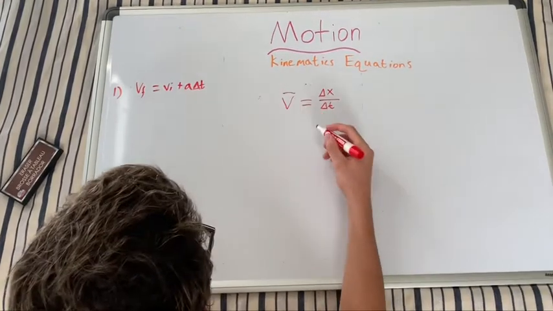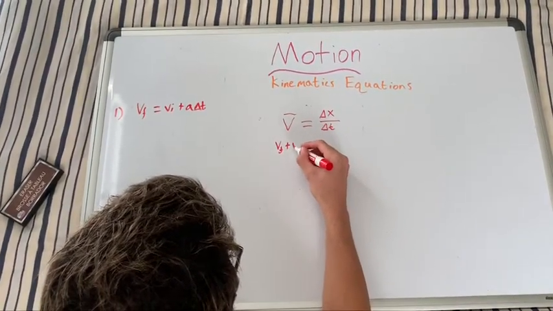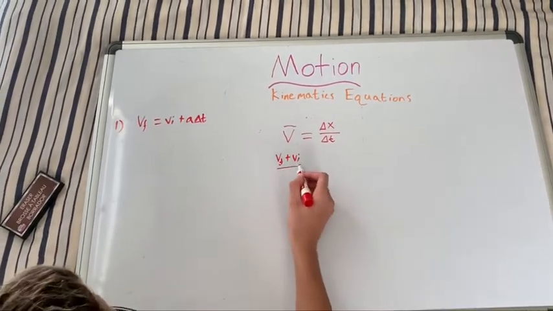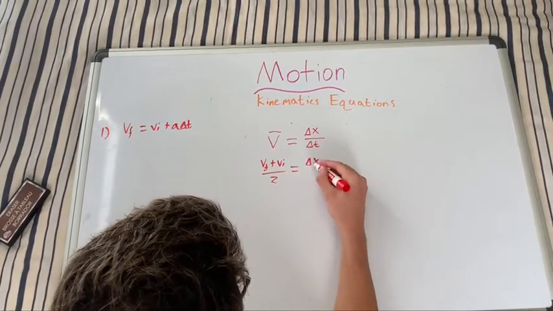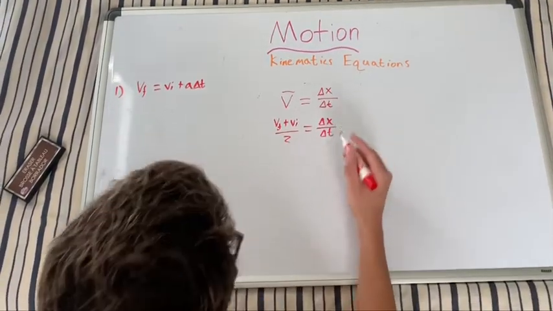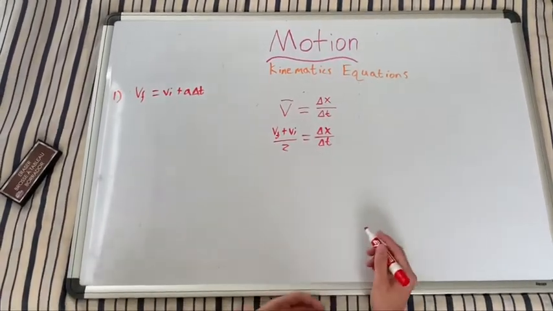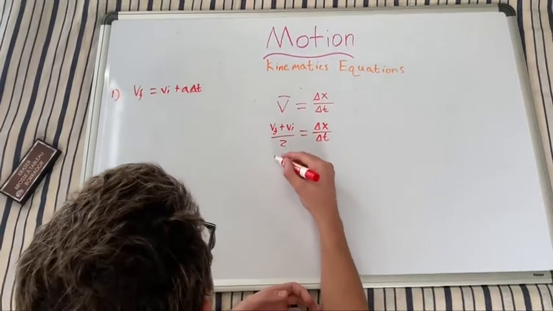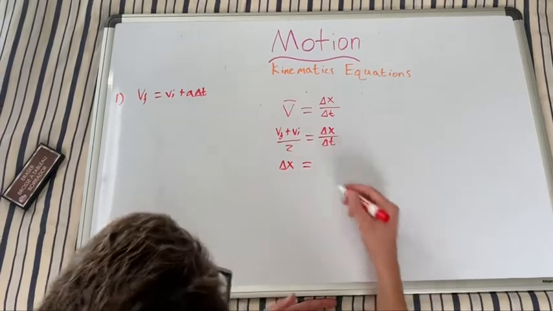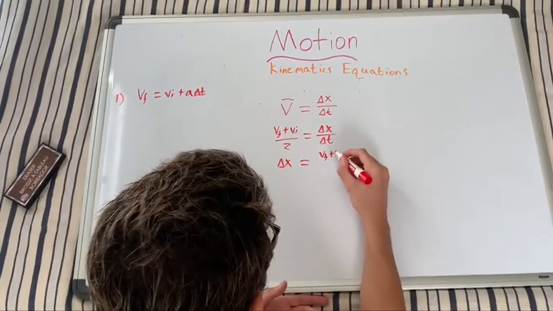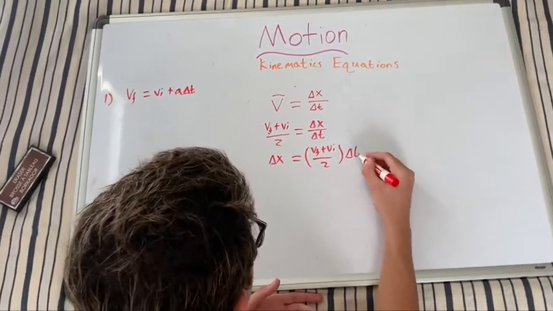We have two velocities, the initial and the final, so vf plus vi, and there's two of them, so we do that over 2. Now we can solve for delta x to get the second kinematics equation: delta x equals vf plus vi over 2 times the change in time.